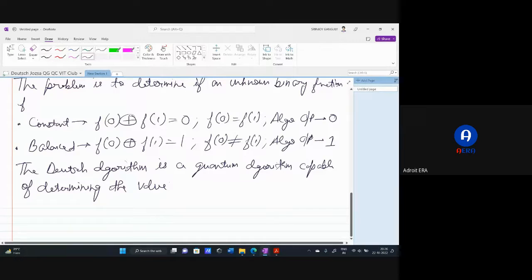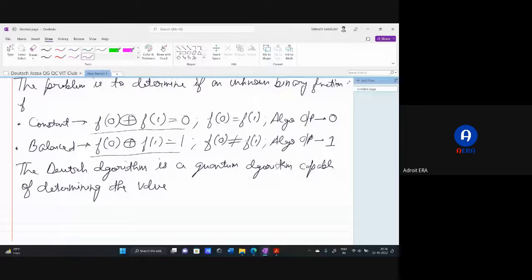This is the meaning of the quantum algorithm, right? We are basically trying to find out whether it is a constant or balanced. So we just showed a more shortcut method, which is f0 XORed f1. So basically evaluate this result. If it comes out to be 0, that means you are constant. If it comes out to be 1, then your function is balanced.